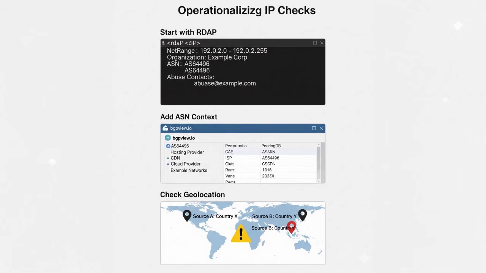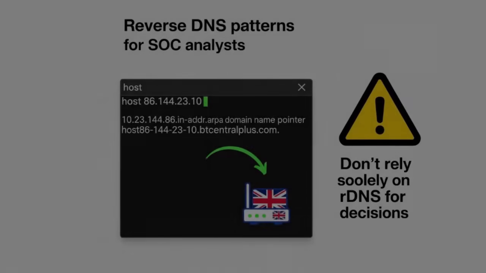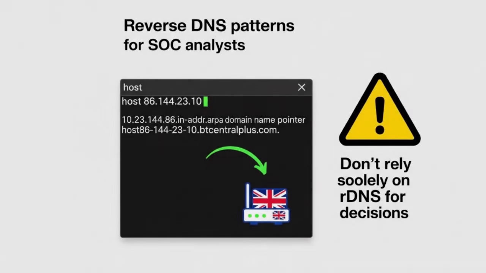Is it ISP? Is it CDN, cloud? You can use bgp.view.io to determine that. Then you can pivot into geolocation, record the country from at least 2 GeoIP sources, and highlight mismatches. Then you can look for reverse DNS patterns because they reveal hints about the hosting type.